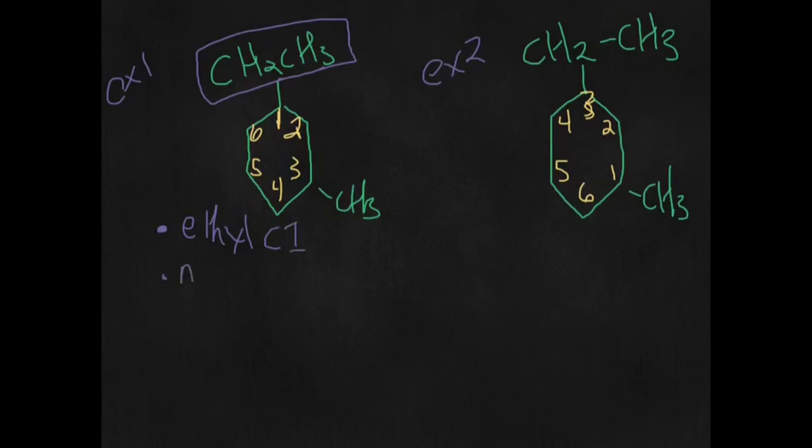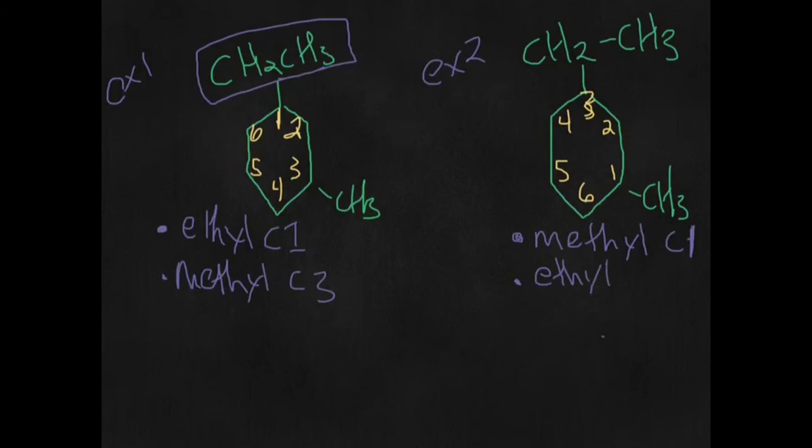Our methyl group is located at carbon 3. And when we go over to example 2, we notice that our methyl group is located at carbon 1, and that our ethyl group is located at carbon 3.